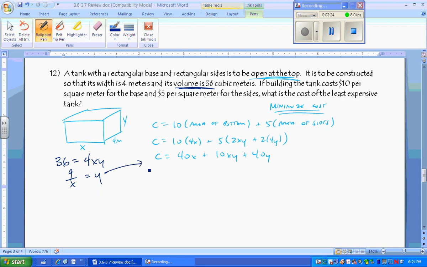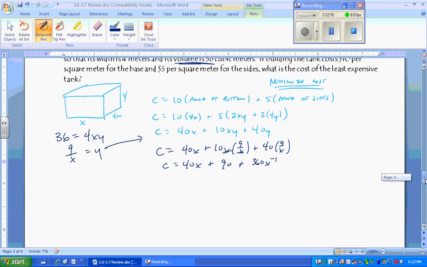We can substitute that in here. C equals 40x plus 10x times 9 over x plus 40 times 9 over x. So we have 40x plus, the x's cancel out, we get 90 plus 360 divided by x, or 360x to the negative first power.